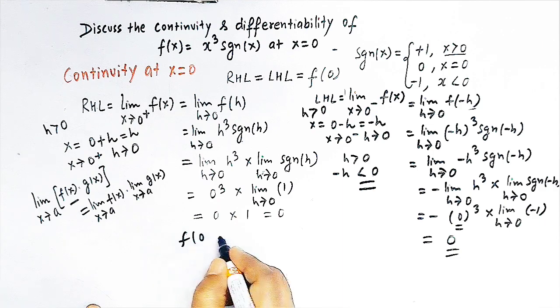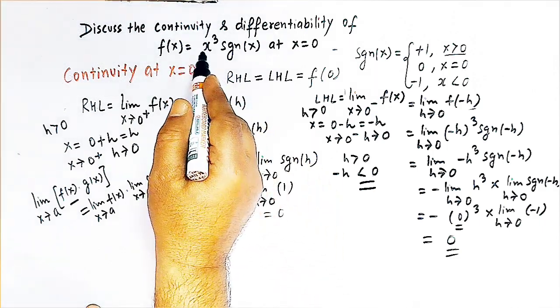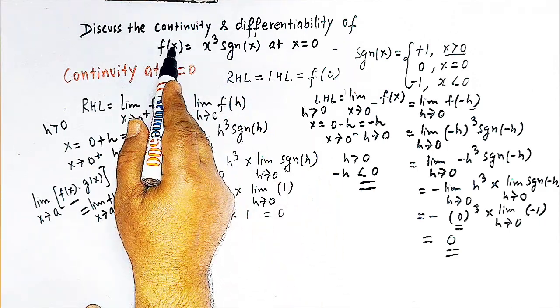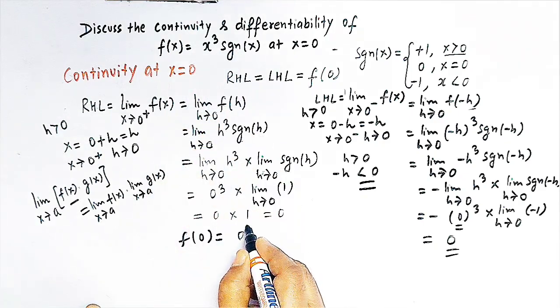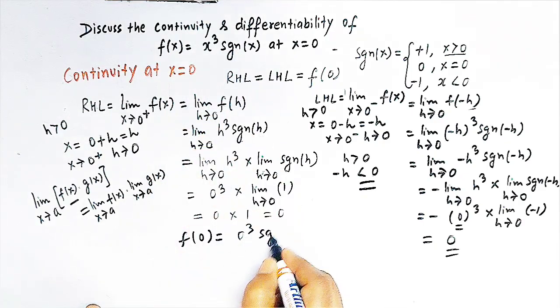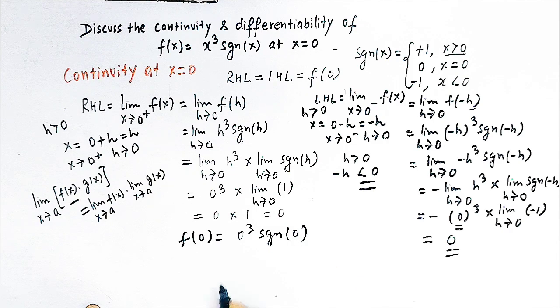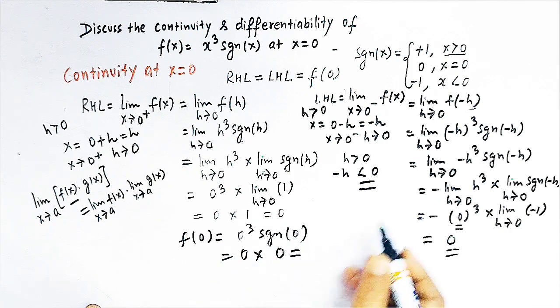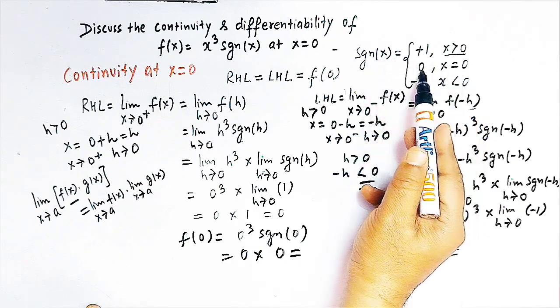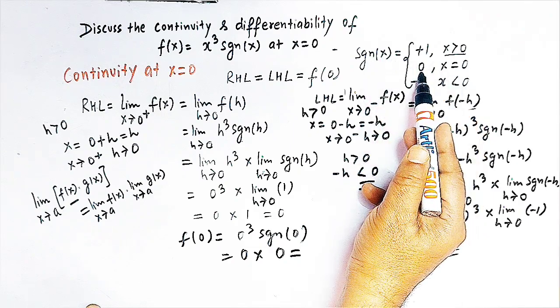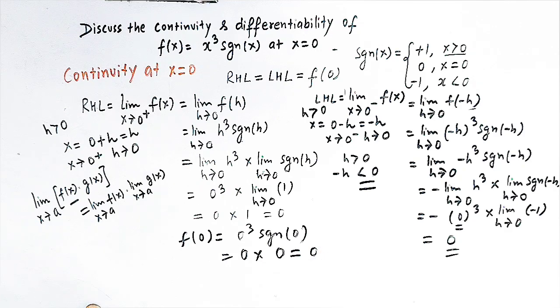Now f of 0 is given by taking x equal to 0 in the function. So we have 0 cube and then signum of 0. Now this is 0, and signum of 0 is 0, because when x is equal to 0, then signum of 0 is equal to 0. So here we have 0.